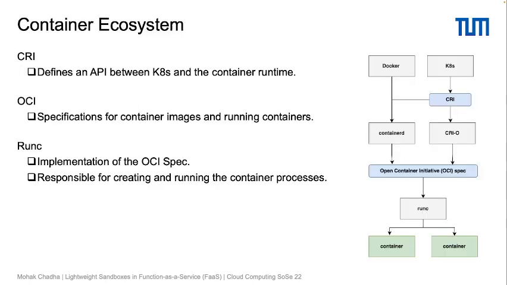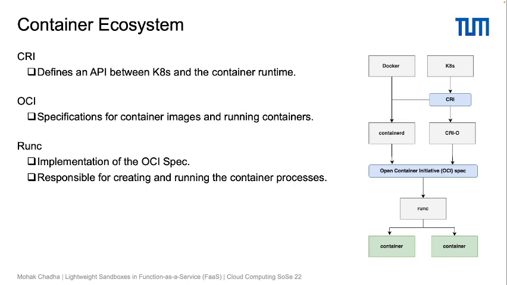Okay, so the container ecosystem, right? As we mentioned already, we have Kubernetes and the CRI, which defines an API through which you can essentially manage these container runtimes. Docker was initially based on Containerd, right? And then they later open sourced the Containerd project themselves.